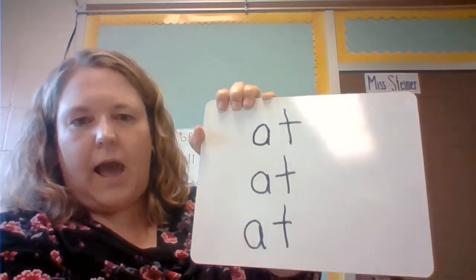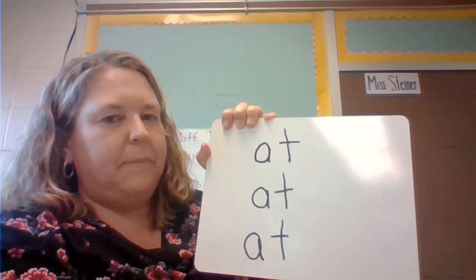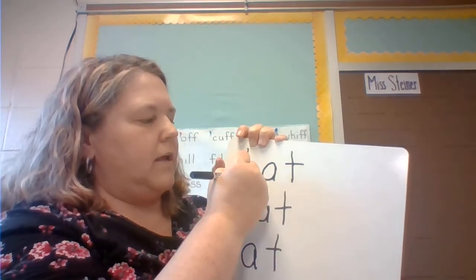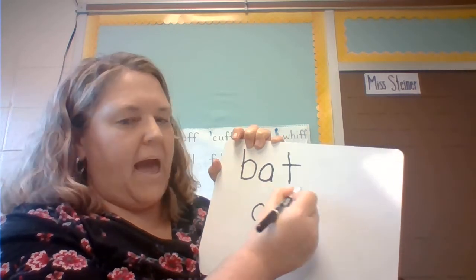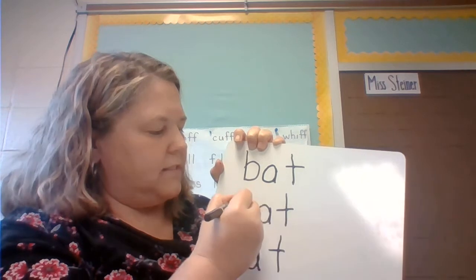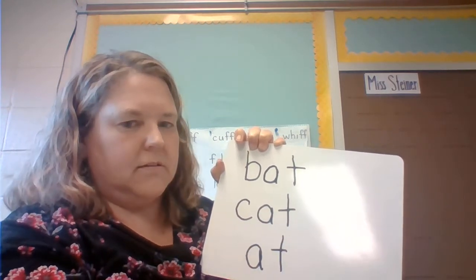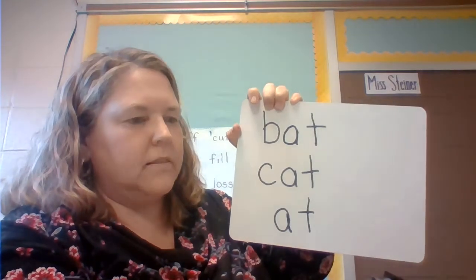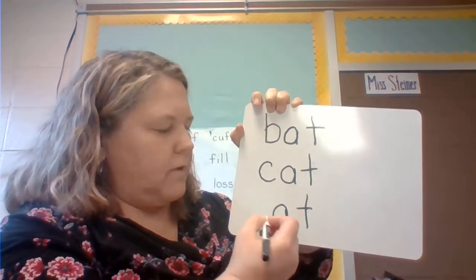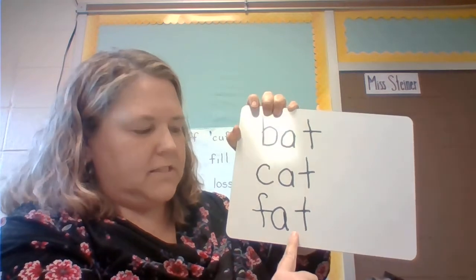A-T at. So this time I'm going to put a B. So now I have bat. Next, I'm going to put a C. K, cat. And my last one, I'm going to write an F for fat.